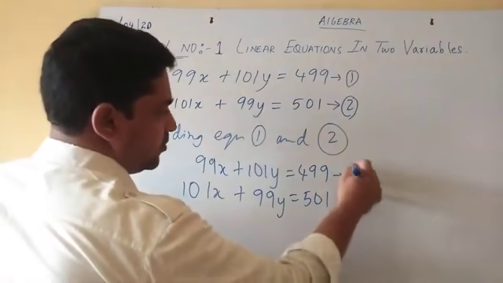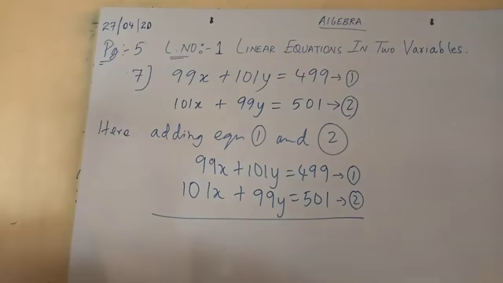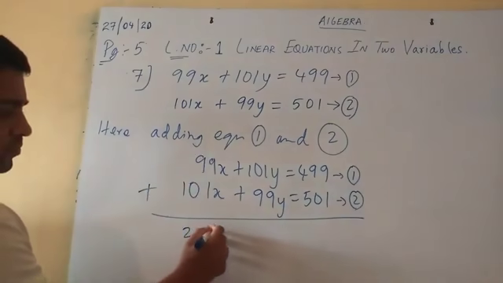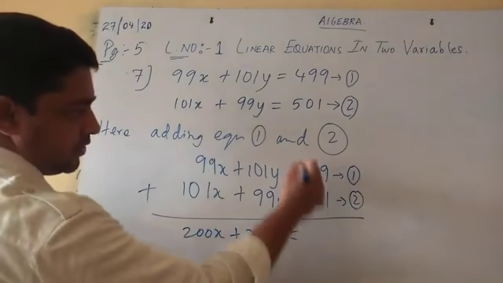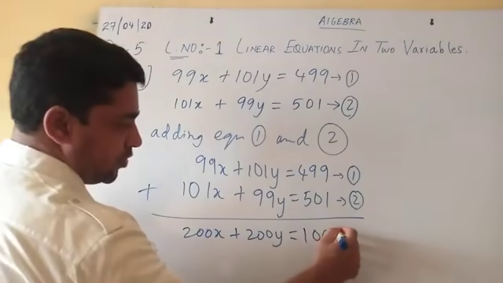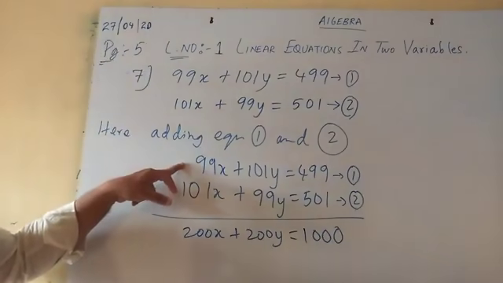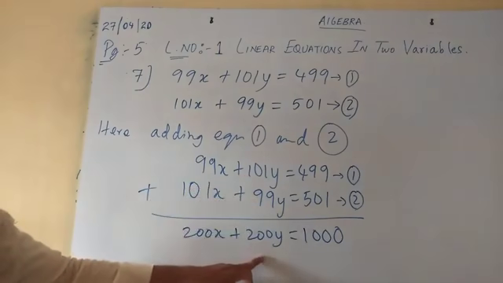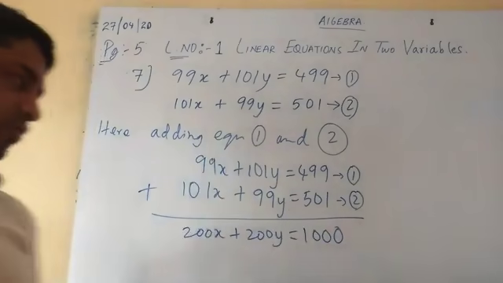So we are adding now. If I add, I get 200x, 200y, and 1000. The constant number is 1000. Check: 101x and 99x is 200x, 101y and 99y is 200y, 499 plus 501 is 1000.